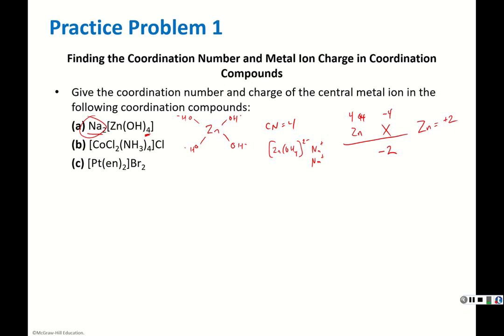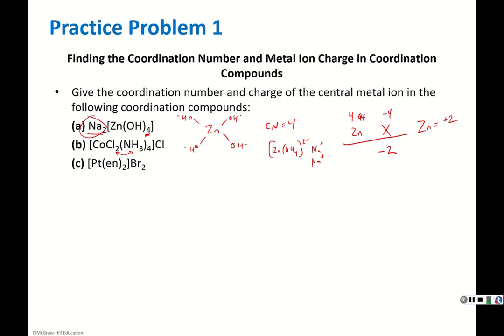Now let's look at B, cobalt dichloride tetraamine, and this is written backwards. There's a typo here. Those amines should be written before the chlorides, because the amine group is neutral, but it really doesn't matter.